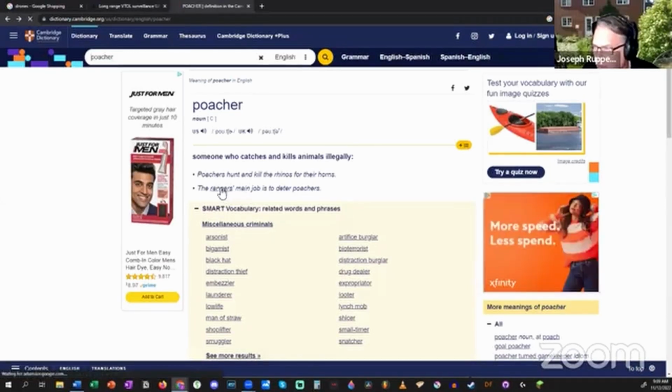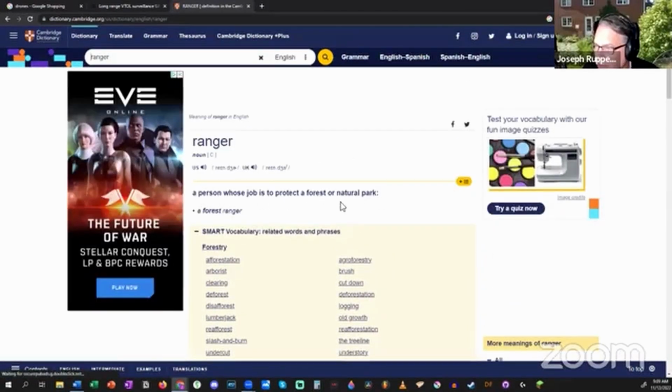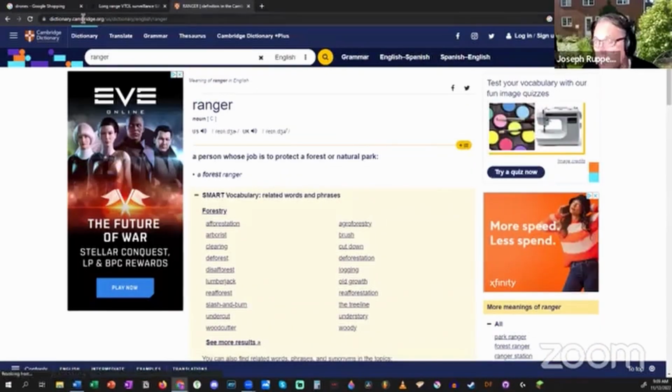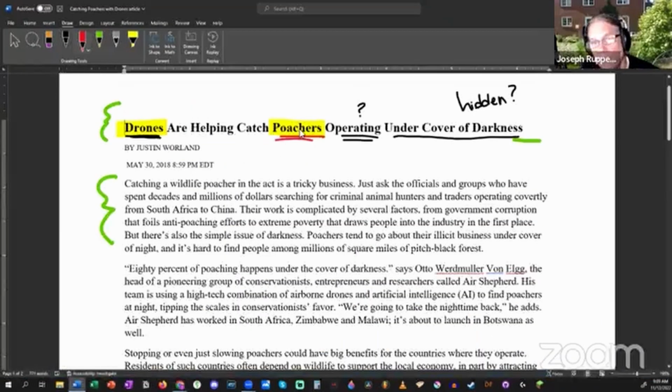A ranger is a person whose job is to protect a forest or natural park. Okay, great. So we are talking about criminals. We're talking about bad people here. Bad person. And then operate.